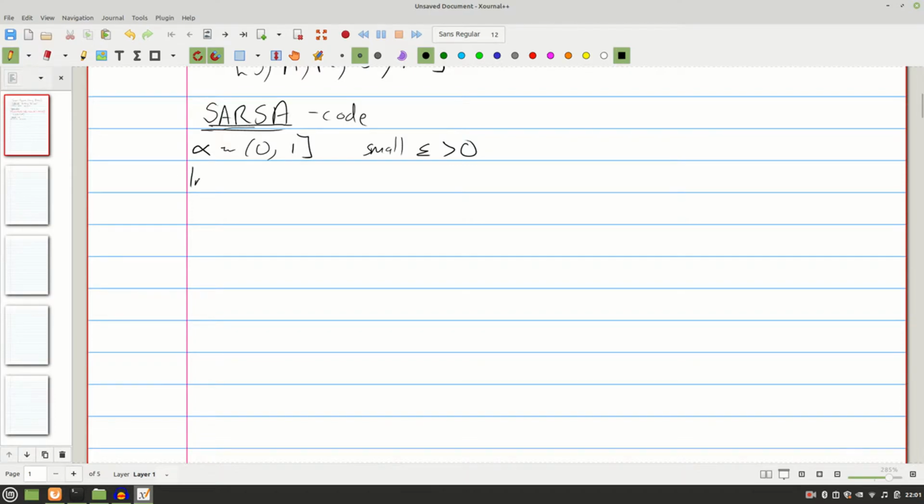We're going to initialize Q(s, a) for all states s in S plus, and for all actions a in the action set of whatever state we're in, and we initialize this arbitrarily.